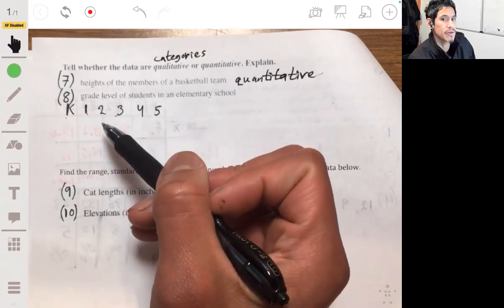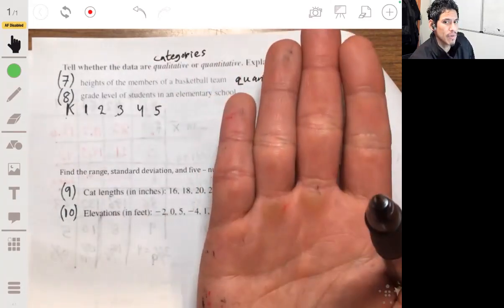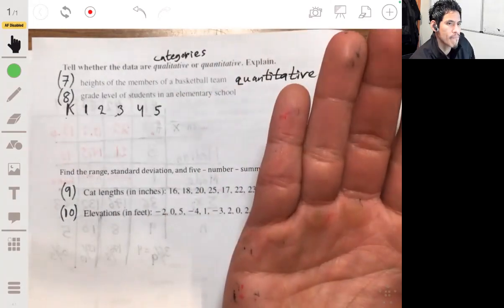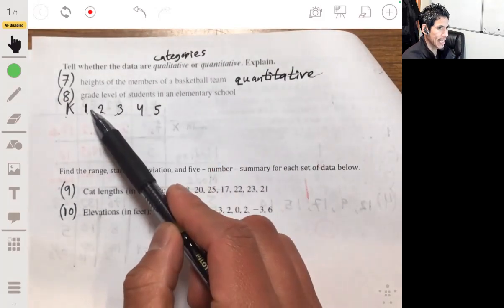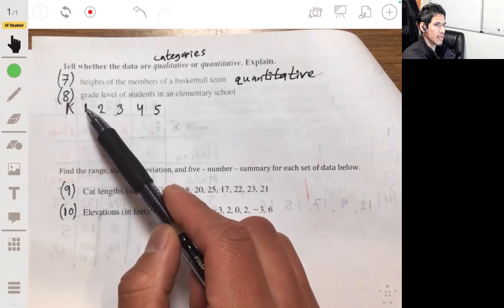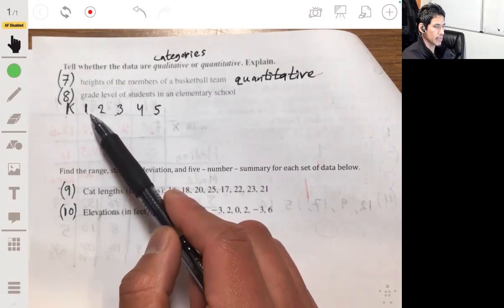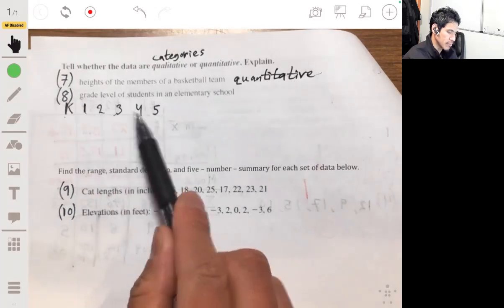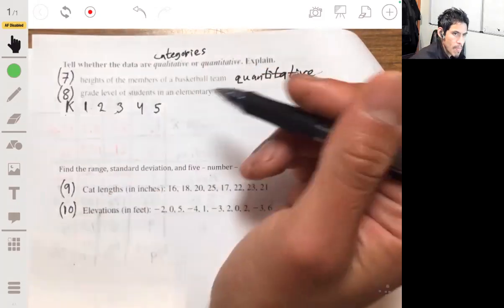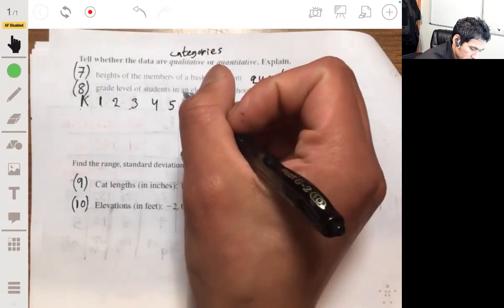Maybe you're an 11th grader, but you're also a junior. You're not really measuring something. All first graders are just in that group, and we're not measuring their heights or something like that. These are just group names. So this would be qualitative.